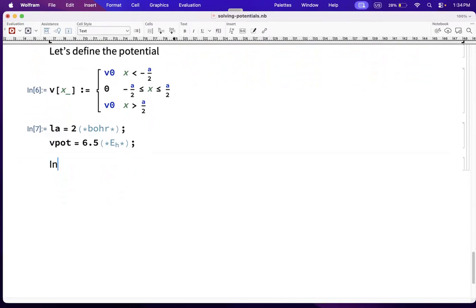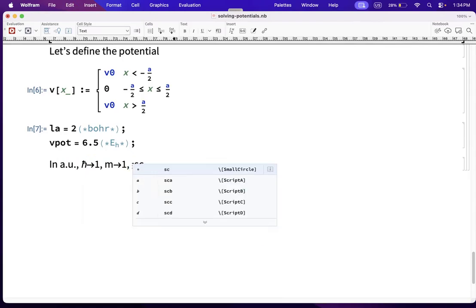In atomic units, H bar becomes 1, M, the mass of the electron, also becomes 1, and the charge of the electron also is 1, though here we don't need it.